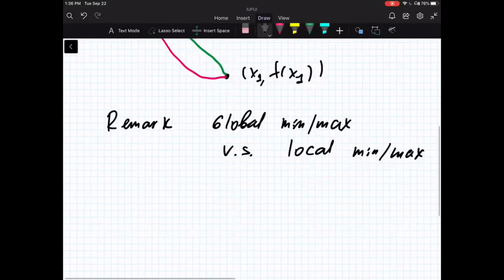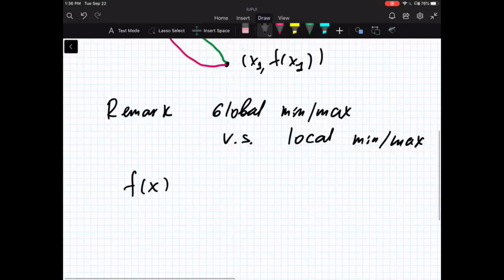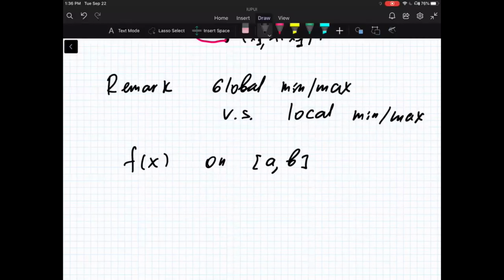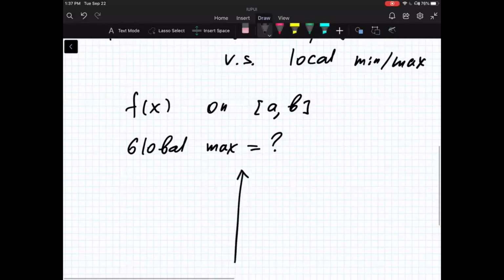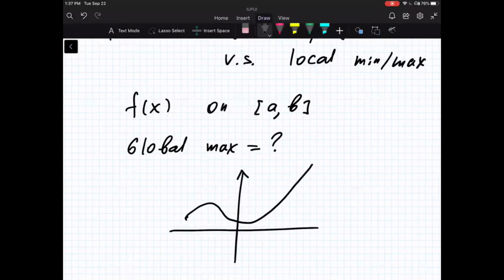So suppose you have a function which is defined on the interval, say, AB, and you're looking for the global maximum. Then let's draw some graph that looks like that. Here's your A and here's your B.